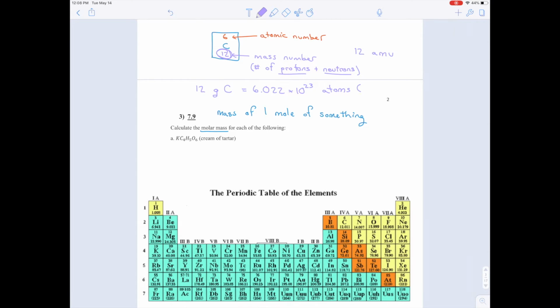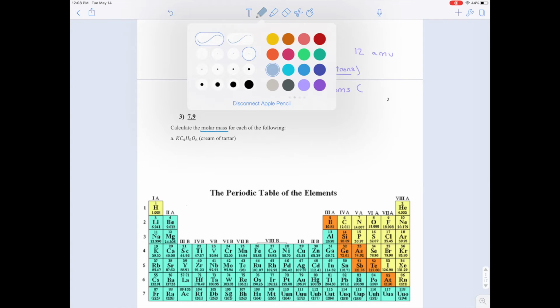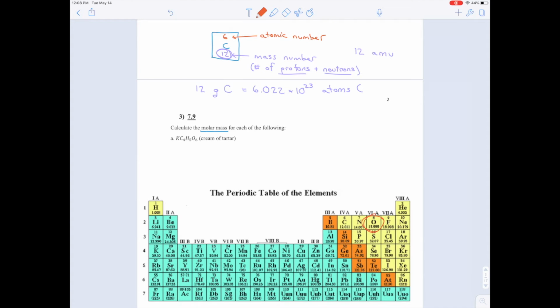Then they did the same thing for other elements. For oxygen, they measured out 16 grams, and they found that also was 6.022 times 10 to the 23rd atoms of oxygen.